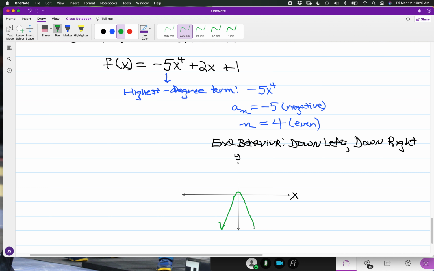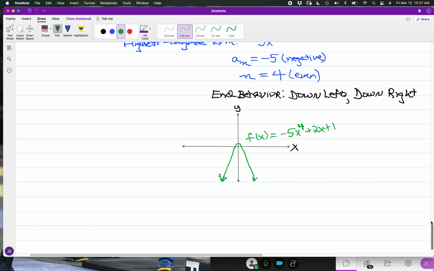It's not exactly going to have symmetry like this might appear to have. But you've got your graph of f of x equal to negative 5x to the 4th plus 2x plus 1. Now in terms of the form, it might look quite different in appearance because I'm not drawing according to scale. However, the end behavior is still going to be the same. We have down to the left and down to the right.